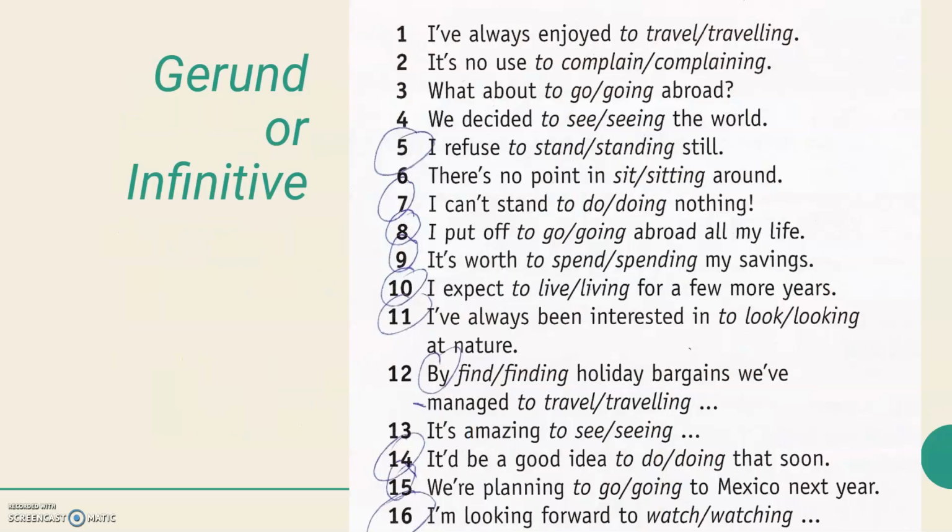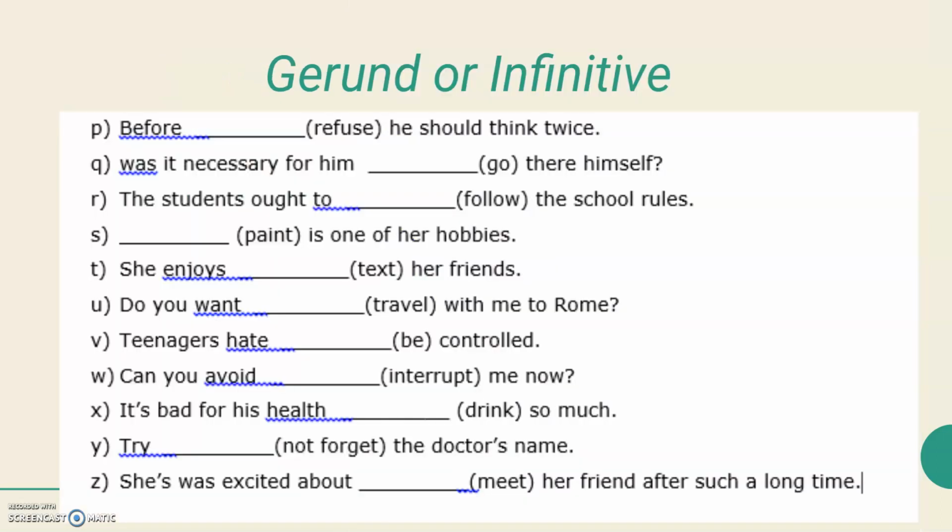Here is quiz 1. Okay, taken unashamedly from a notebook. So hit the pause button and then you can answer these questions. Choose the gerund or the infinitive. Quiz 1. Quiz 2, that's here.